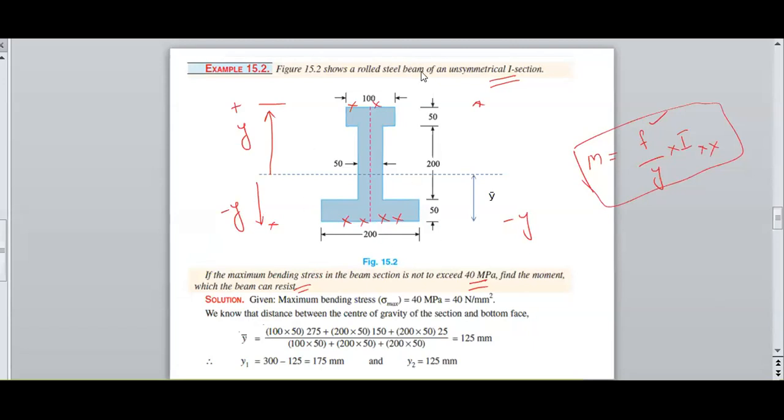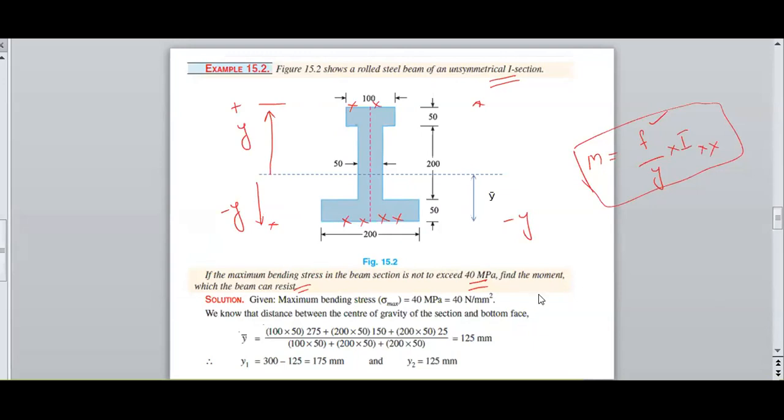So this is the cross section of the beam, the I section he had given. Initially I need to find out the y bar from the bottom, that is the centroid.